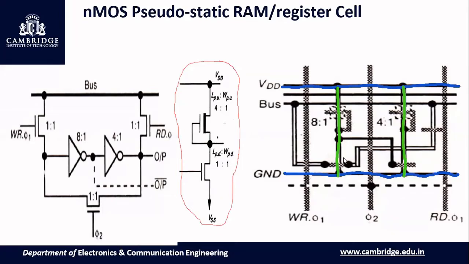And you know that by crossing poly we'll get a transistor. I'll cross polys. When you cross poly, you'll get the transistor, right? The gate of the depletion mode transistor should be connected to the source, and from there we'll take the output.